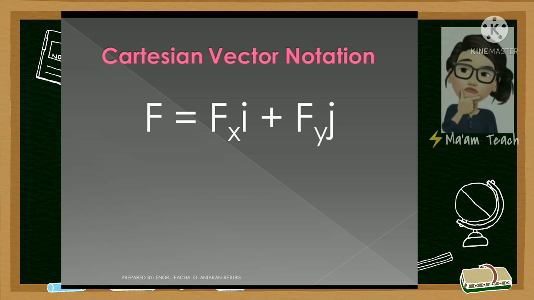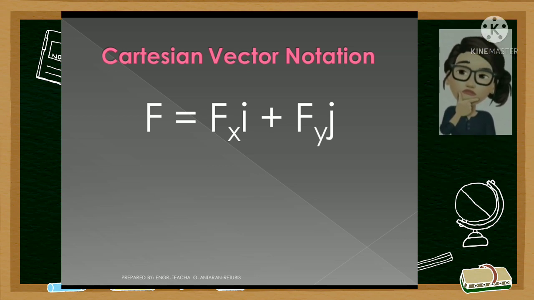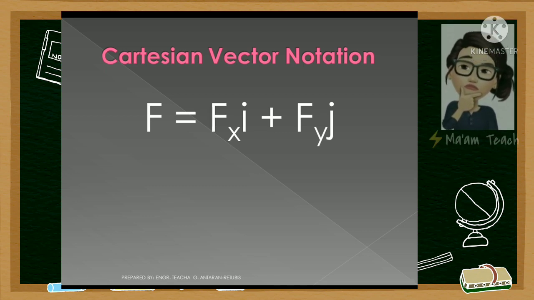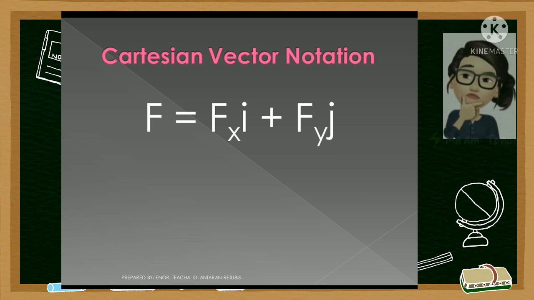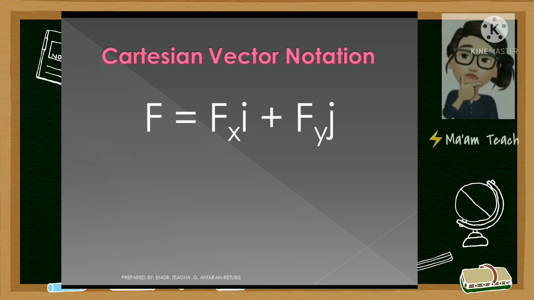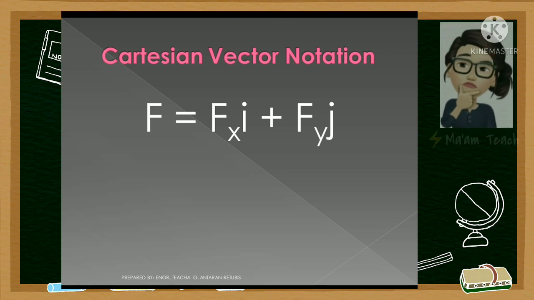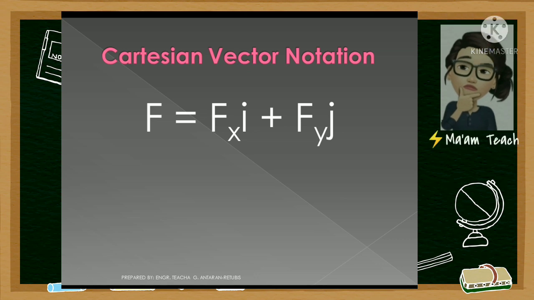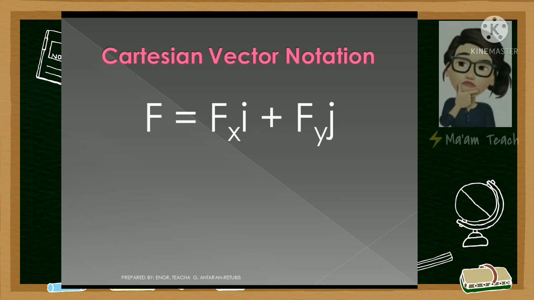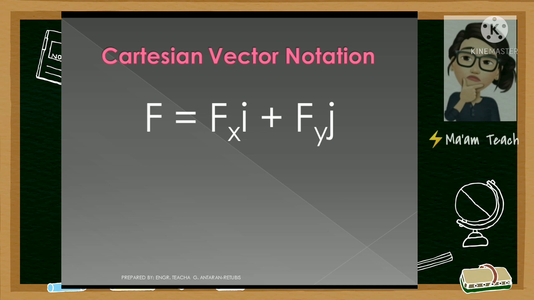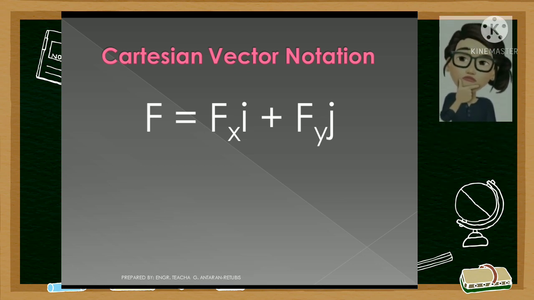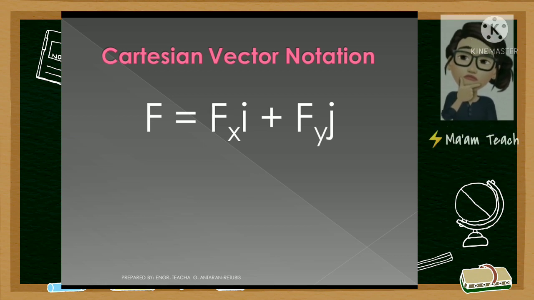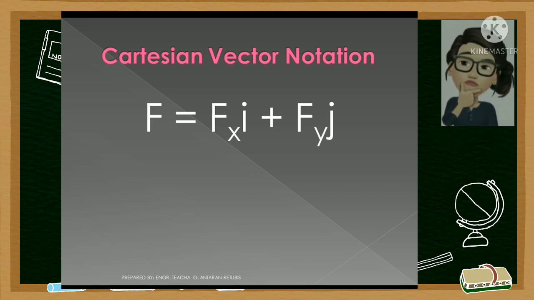So in this case, your f sub x refers to your magnitude, while your i is the direction along the x-axis, while the j is your direction along the y-axis. And if we have a three-dimensional axis, there's another k there, but right now we only have two axes, i and j. So all we have to do is follow this format with your i and j as their direction.